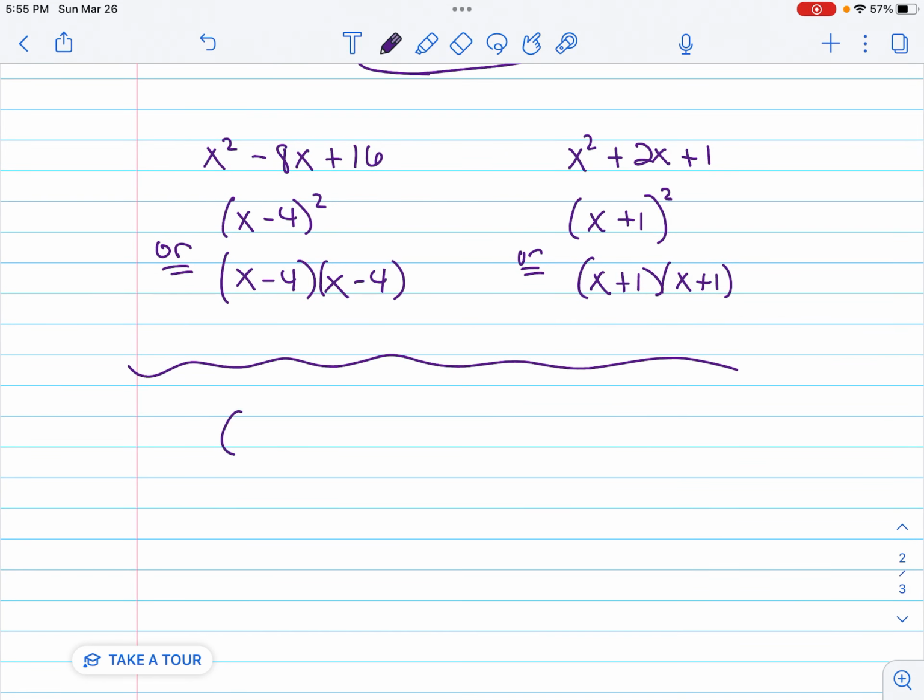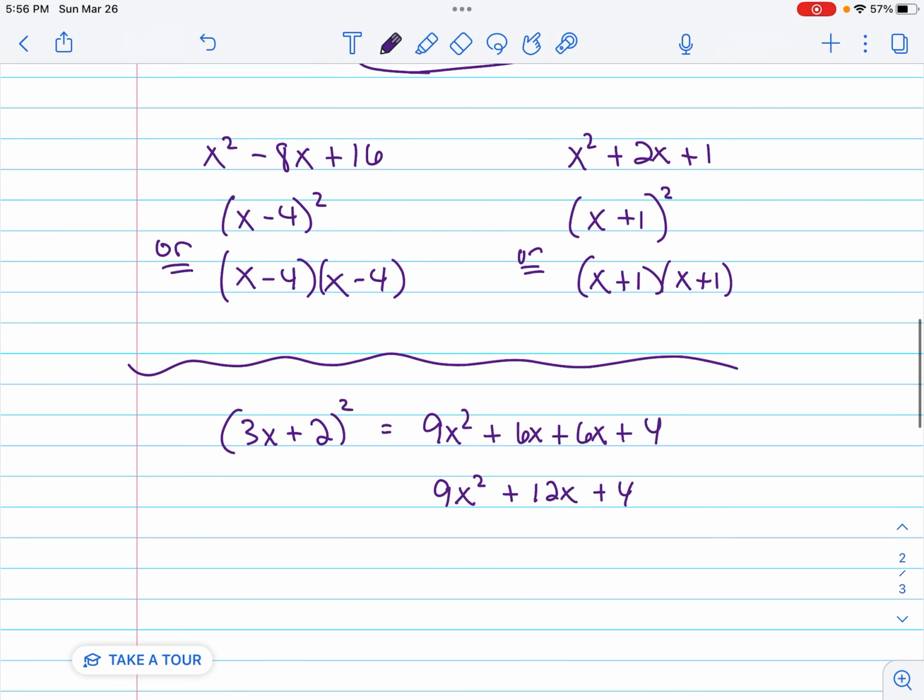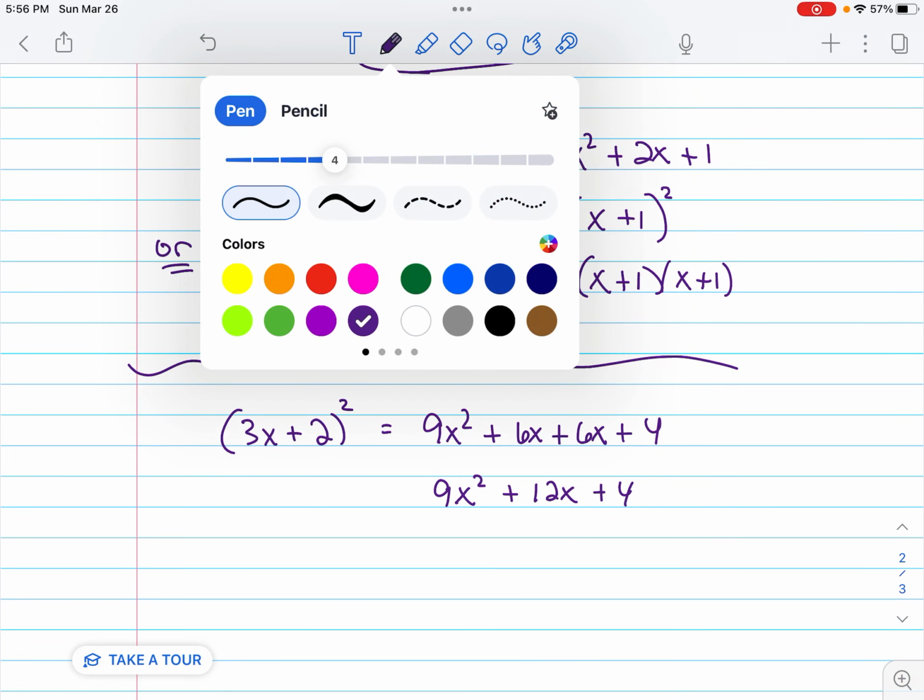If you have something like 3x plus 2 squared, that's going to end up being 9x squared plus 6x plus another 6x plus 4. So you end up with 9x squared plus 12x plus 4. It's still square, double, square. It follows the same rule.